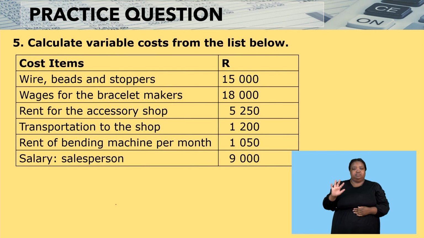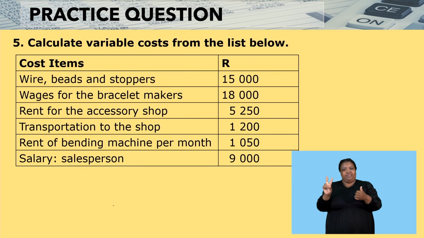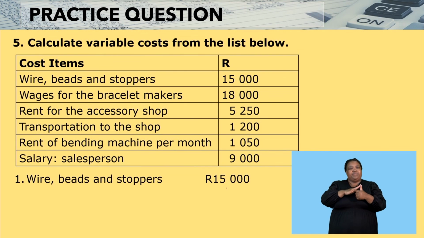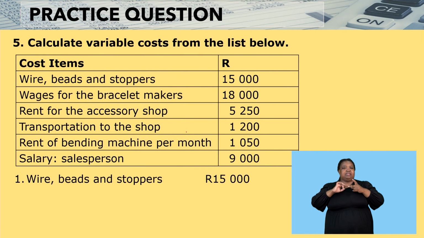Number 5 reads, calculate the variable cost from the list below. Now we want the variable cost. Already we've identified them earlier, if you still remember, so it becomes easy when we calculate. The first one is the wire, beads and the stoppers.